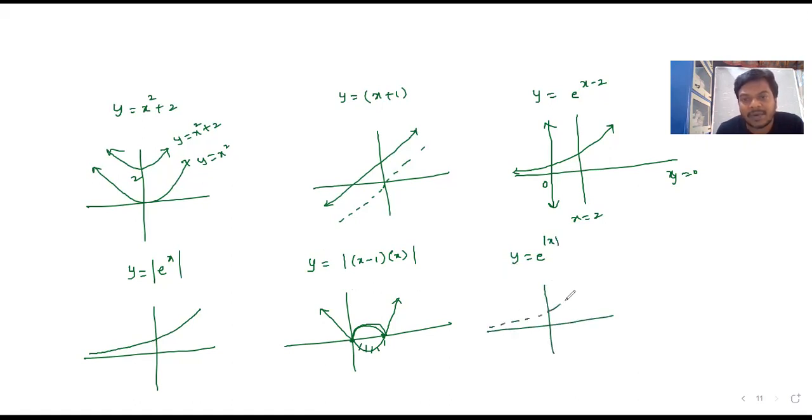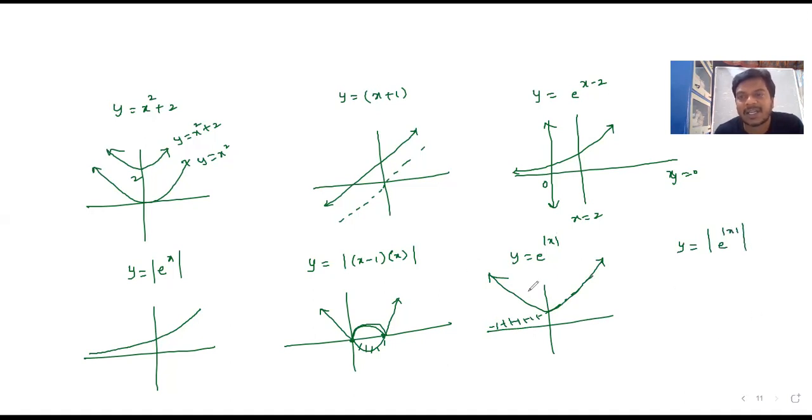This is actually the e power x graph. Mod x means whatever graph exists for positive values, the same graph exists for negative values. So you have to neglect this portion. The same graph exists here. This is the e power mod x graph. Okay. And y equal to modulus of e power mod x.